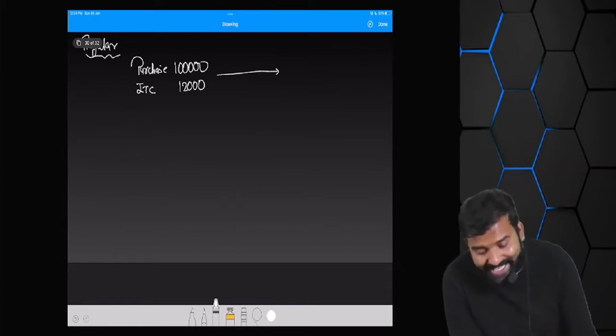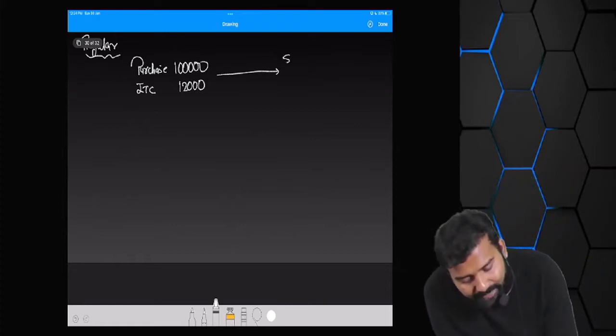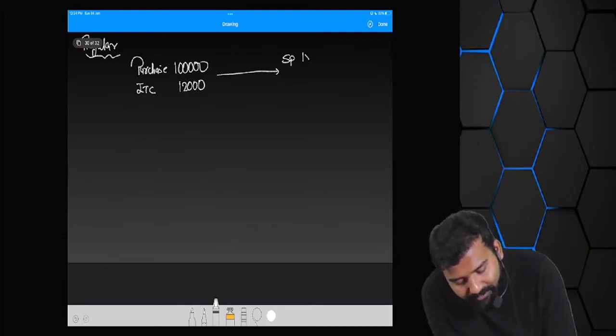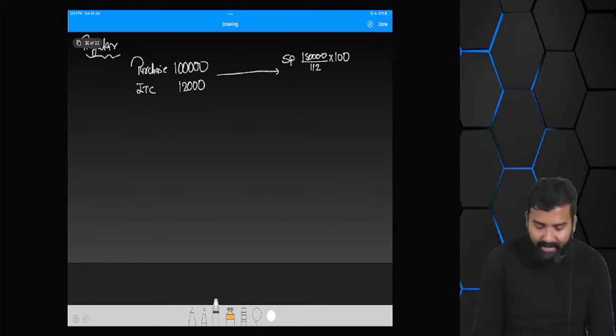Now what would be his sale price? His MRP was 150. So his sale price would be 1,50,000 divided by 112 into 100.